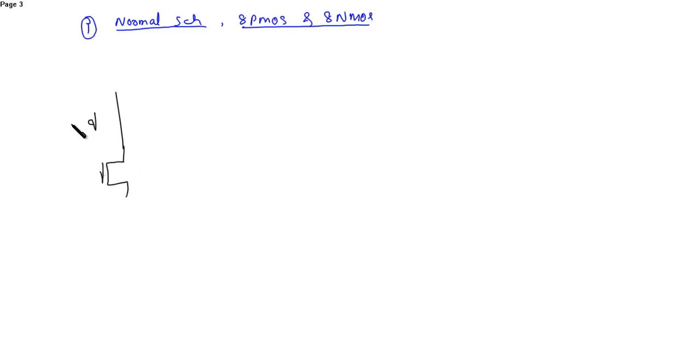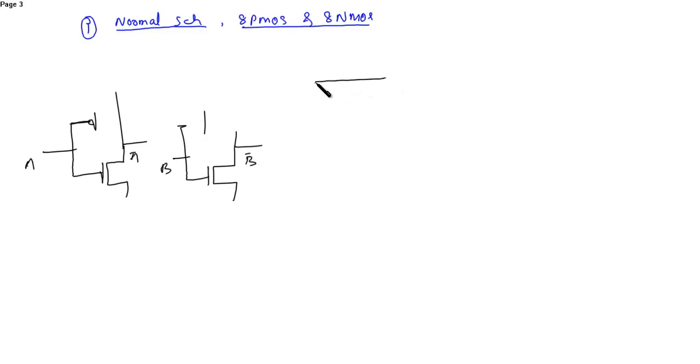This is PMOS 1, this is NMOS 1. Input A, output A bar. Then we need the second one. This is input B, output B bar. Then we need two AND circuits where the NMOS is in series and the PMOS is in parallel. Two such AND circuits.